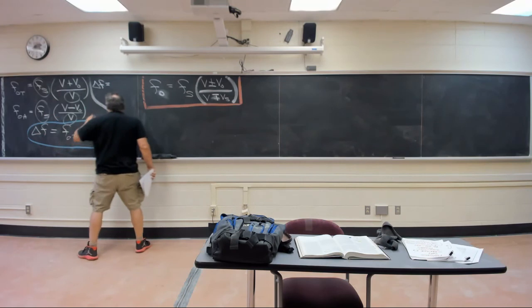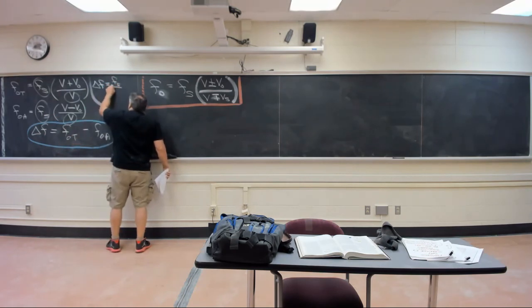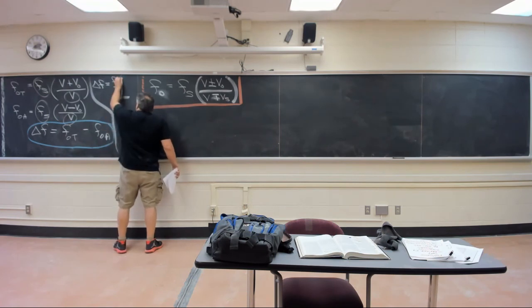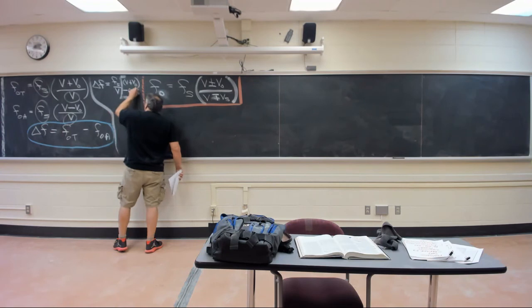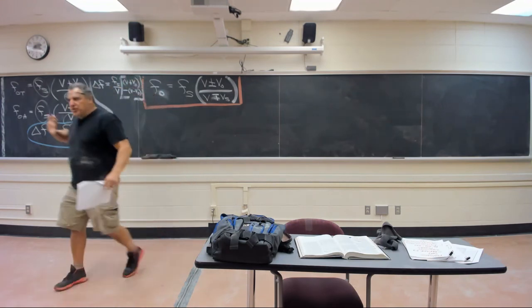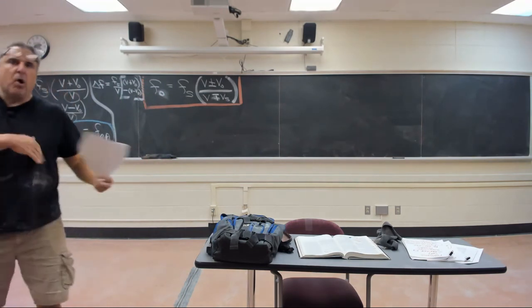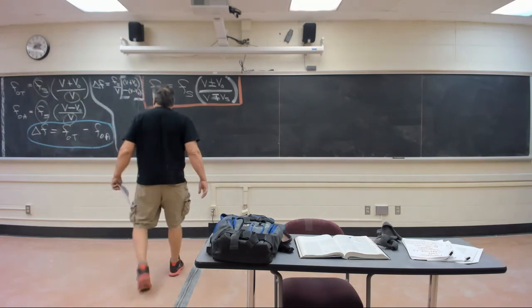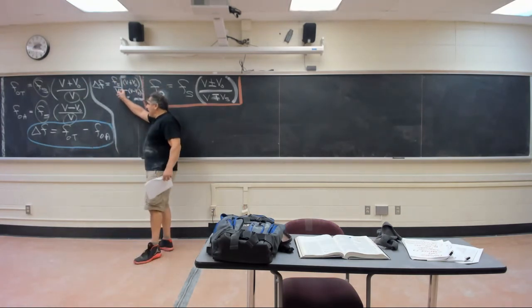There's FS over V common to both, and the rest is just this: V plus VO minus V minus VO. The V on the bottom of both I took out, and the FS common to both I took out.